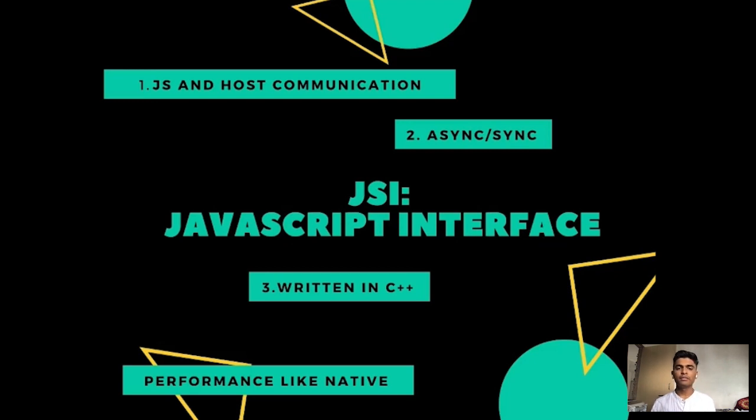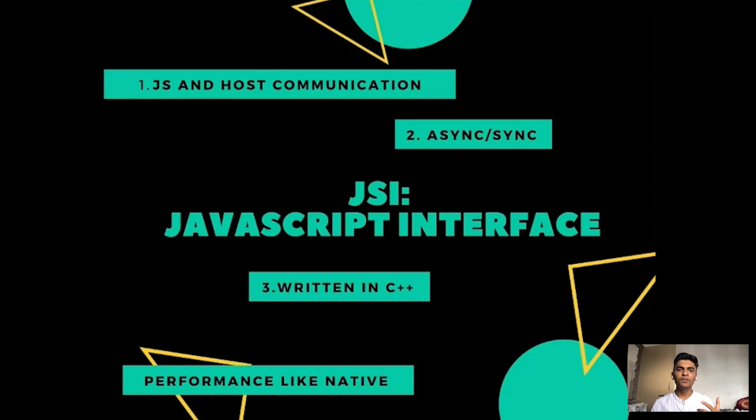So data can be processed in a synchronous manner, and this is completely written in C++. Earlier the bridge was written in native languages: in Android it was written in Java, in iOS in Objective-C, but this is completely written in C++. And C++ has the most performance benefit.